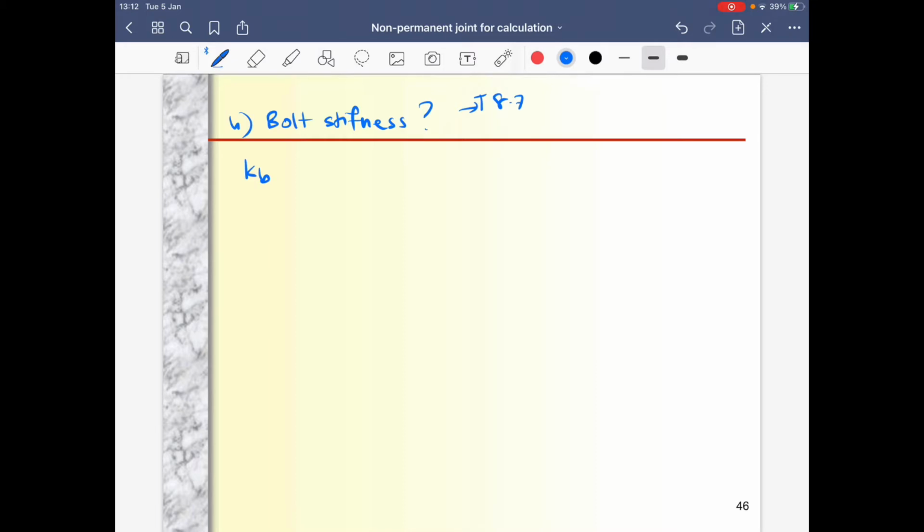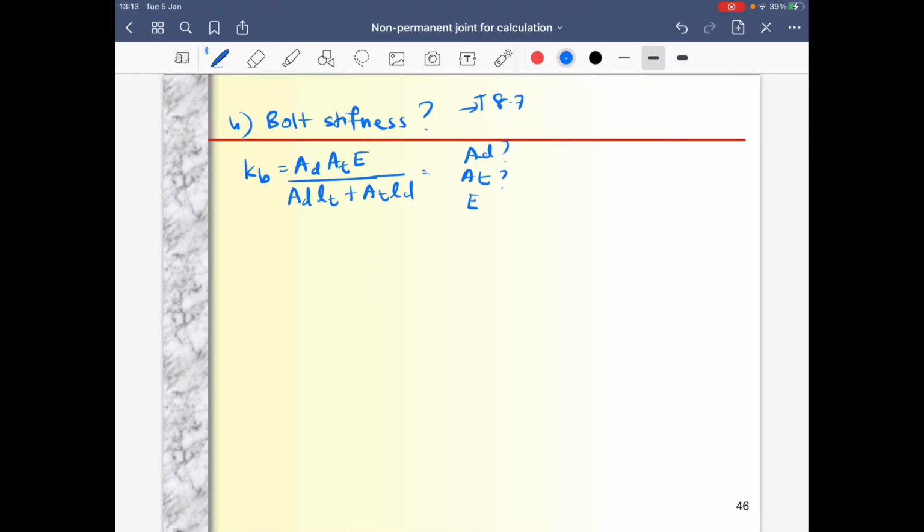So kB equals AD AT E over AD LT plus AT LD. AD is the area of the unthreaded portion, AT is the area of the threaded portion, E is the Young modulus of the bolt. Now your job is to figure out what is AD, what is AT, what is E.